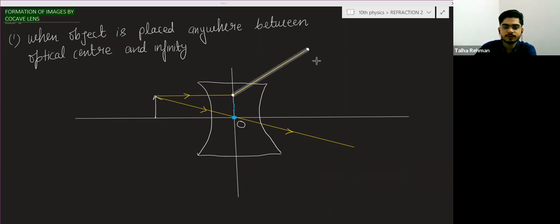And when you produce this ray in the backward direction, you will produce this.